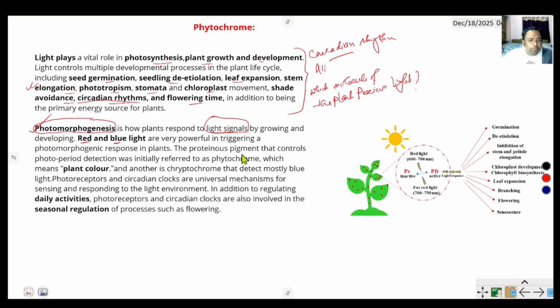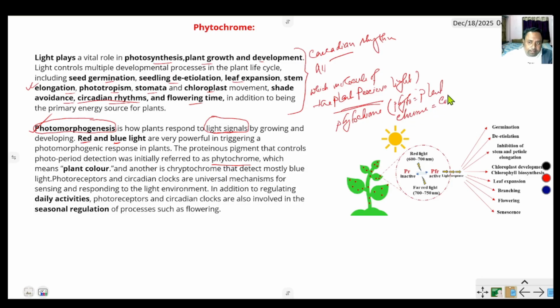The protein pigment that controls photoperiod detection was initially referred to as phytochrome. So, which molecule perceives light? That is phytochrome. Phyto means plant, and chrome means color.